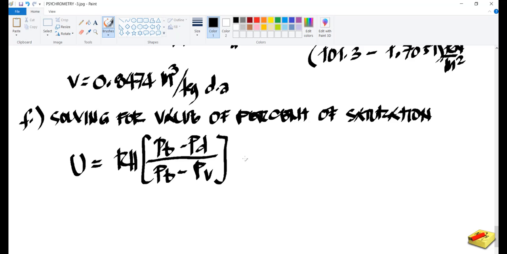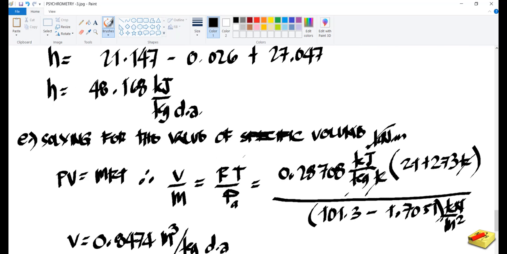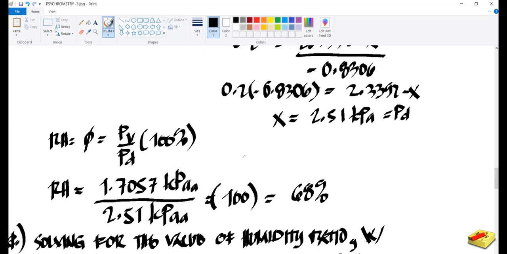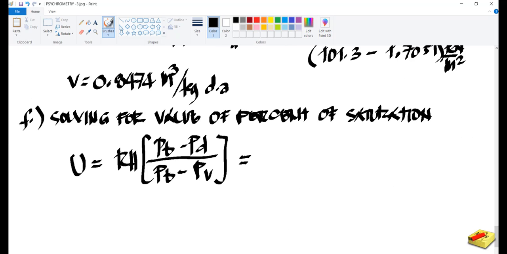Okay, so your RH natin kanina, going back, so what our RH will be 68%, no? So that will be 68, then multiply it by the total partial pressure, which is 101.3.